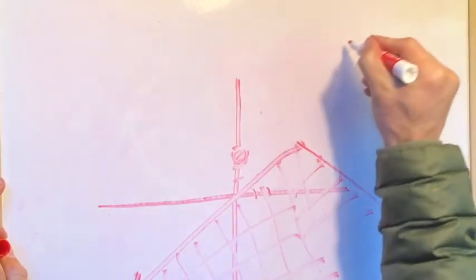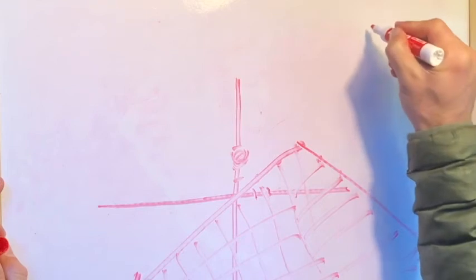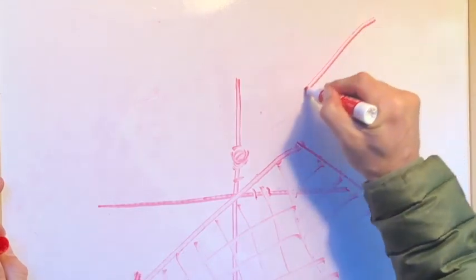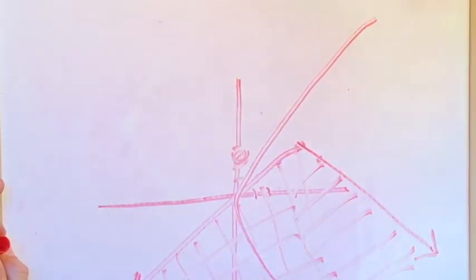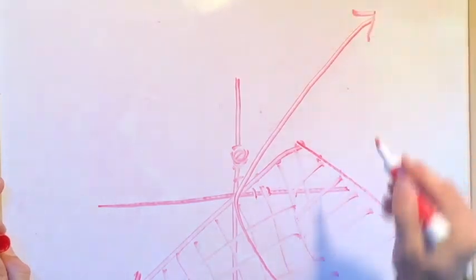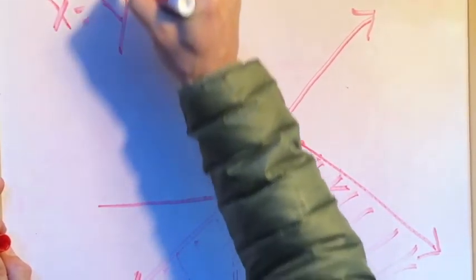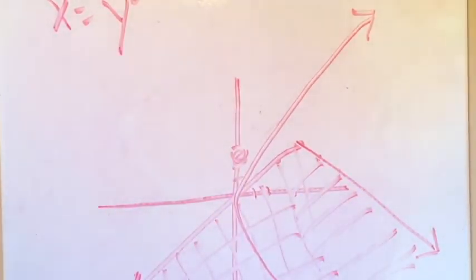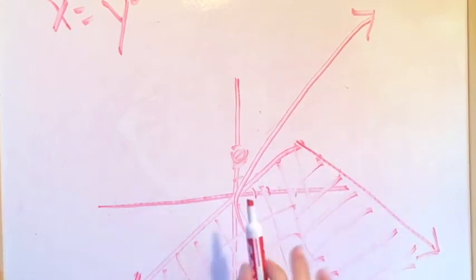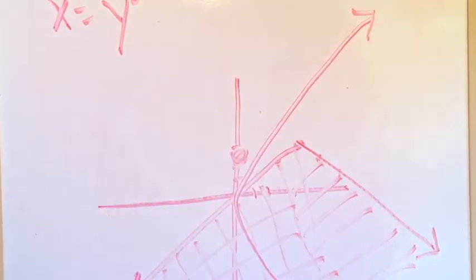It's going to look like this, because if you have x equals y squared, it's going to look like this. Now I got to figure out if I'm going to shade in here or on the other side.